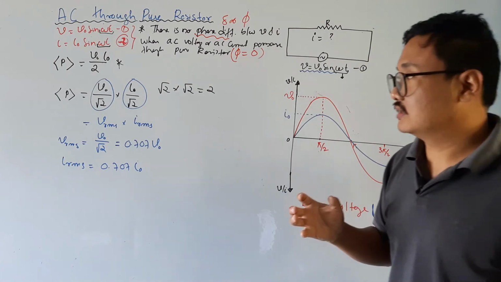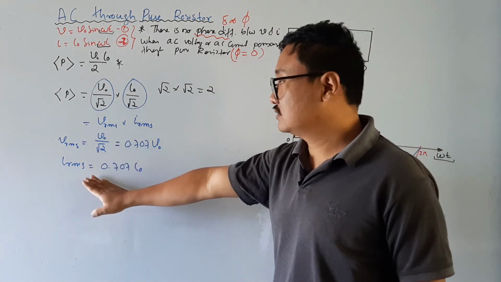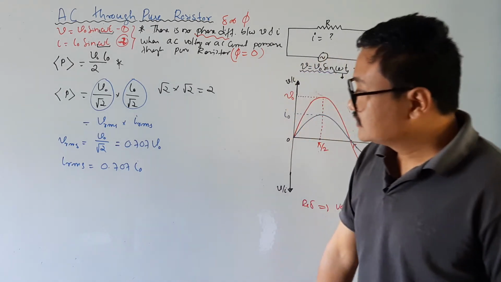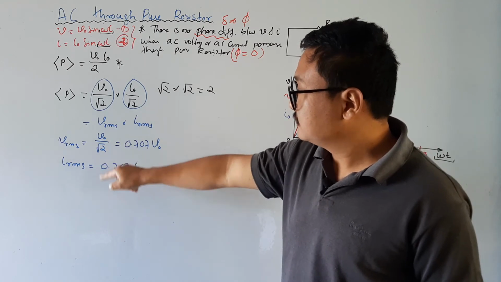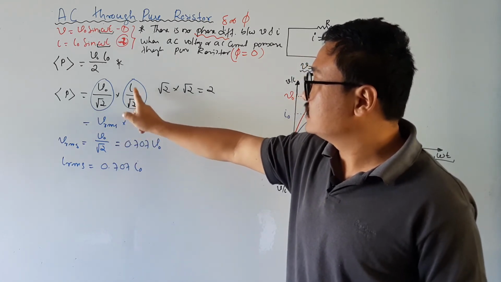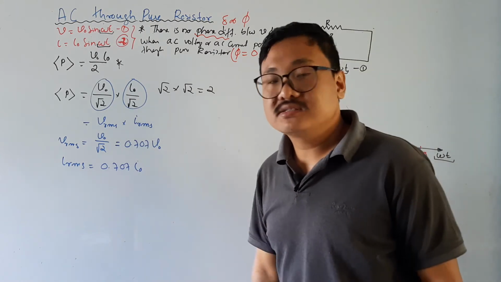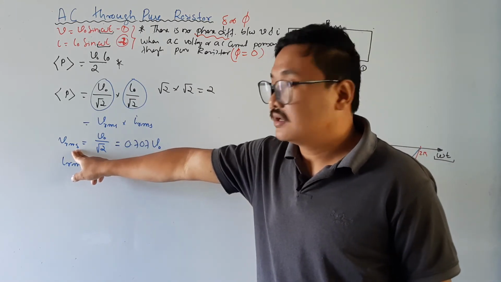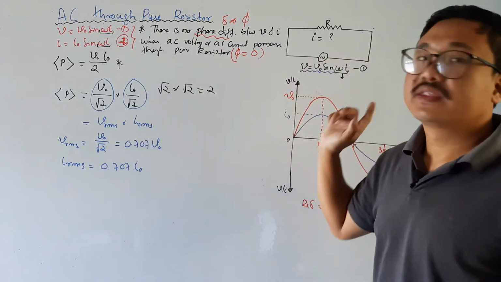Very interesting point of this one. Now see, I am dividing V0 by root 2, and similarly I am dividing I0 by root 2 to get IRMS. It means that the values of VRMS and IRMS are quite lesser than V0 and I0.